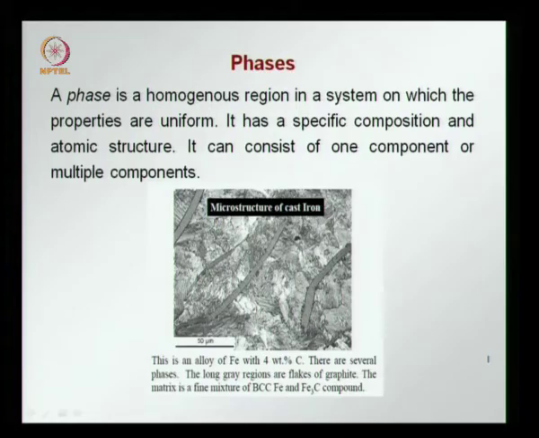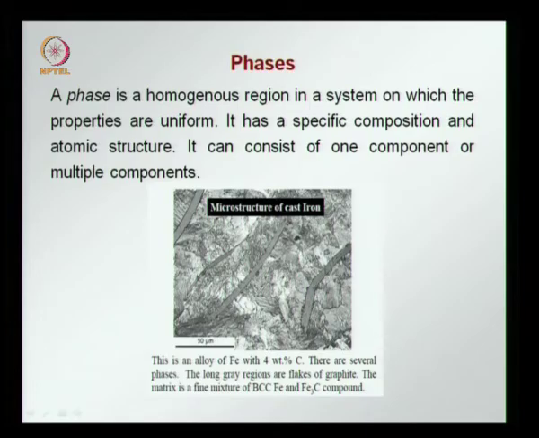In this picture of cast iron that we have seen before, we have cast iron made up of iron and carbon. There is 4% by weight of carbon in this, and there are several phases. The long grey phase that you see here are flakes of graphite, which is carbon.